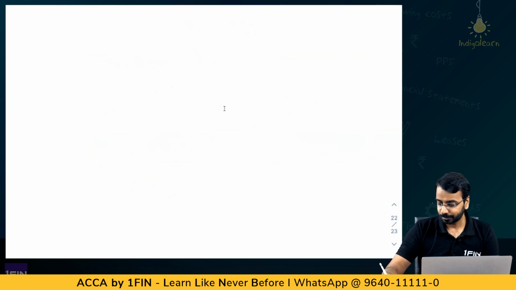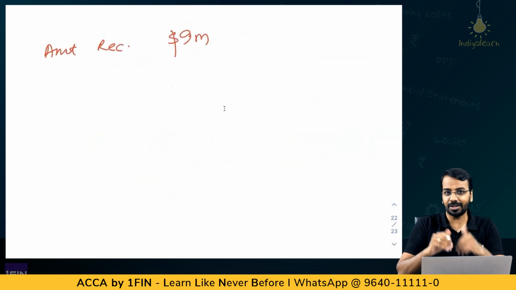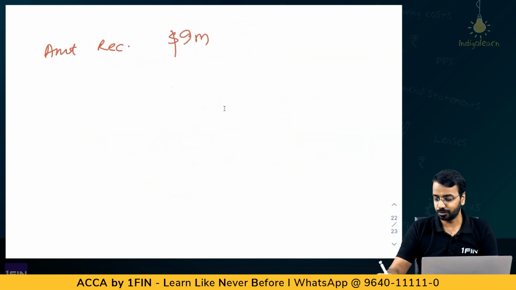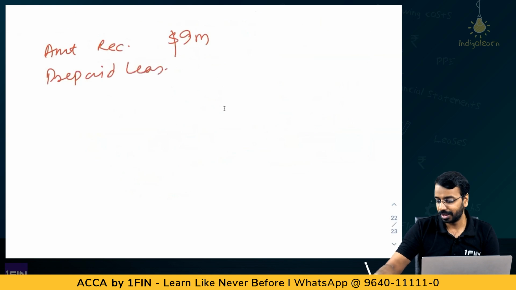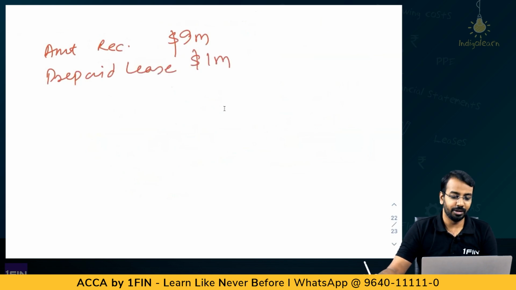So, amount received is 9 million. Think of it like you have received 10 million and you have given back 1 million. So, prepaid lease is 1 million.